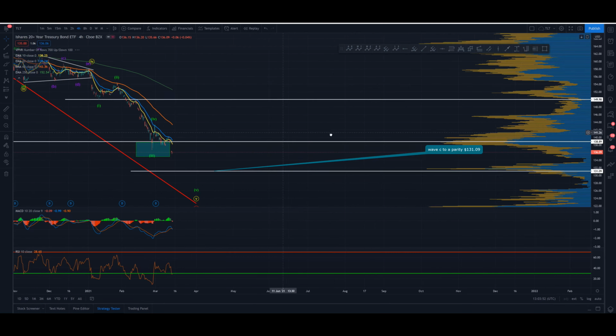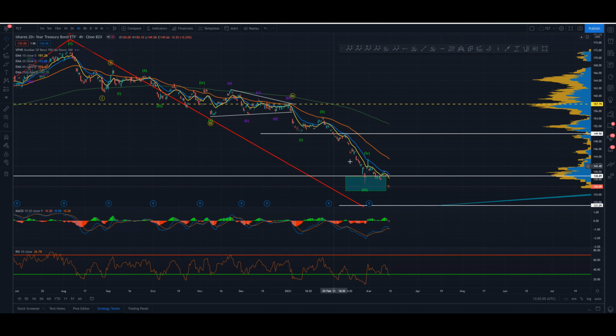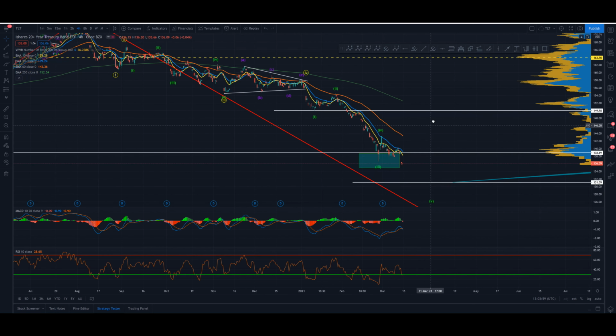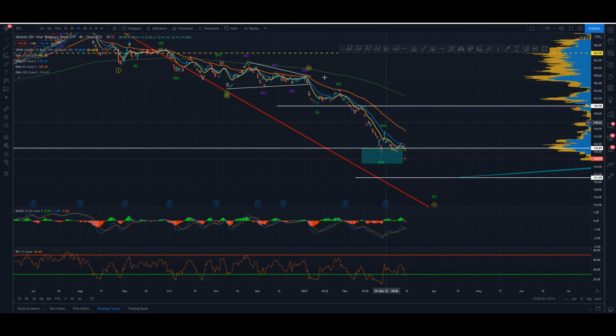So how do we have to count this now? Well, I think we have to count the blip that I saw as a potential bottom into this support zone here as a 3-4. Now, it's possible that it's another expanding pattern and it's an A, B, C into a 3-4, like this, and then a fifth wave to come down lower.